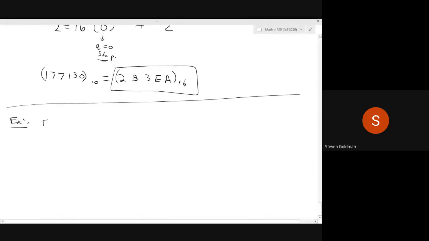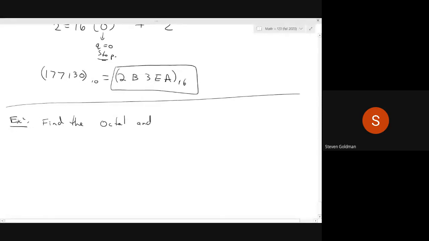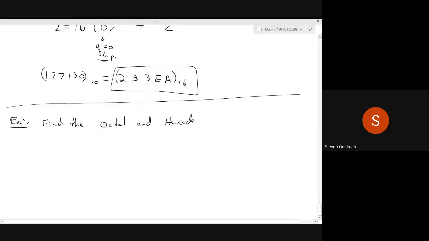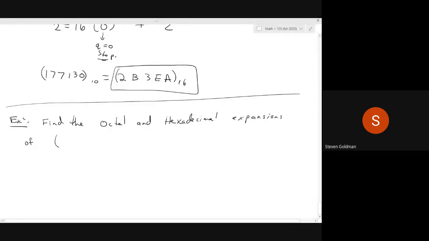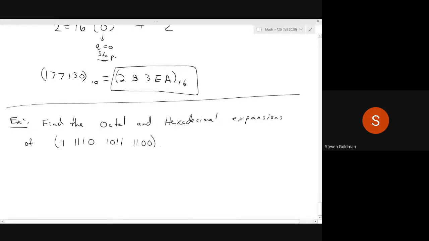Let's say I ask you to find the octal and hexadecimal expansions of the binary number 111110 1011 1100.